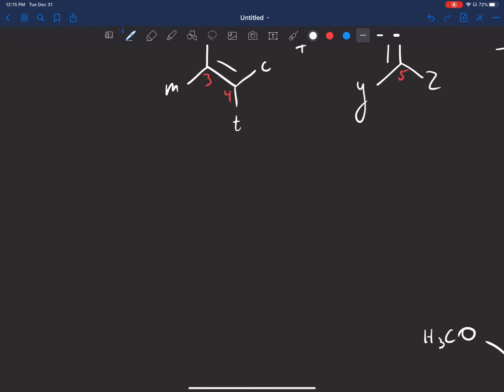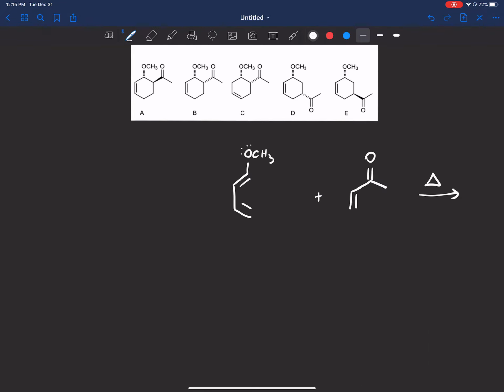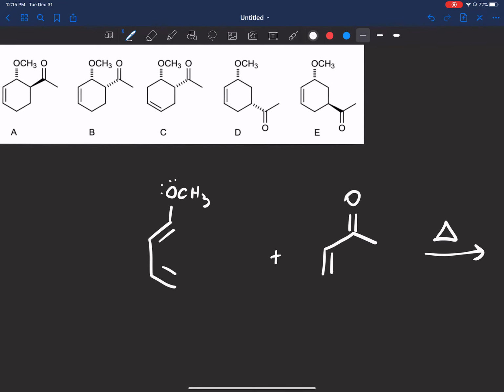Now you don't have to always keep referencing this diagram. I just find a lot of people think that it's helpful, right? But we call it trans because if you cut this double bond down the middle, as if you were trying to determine E and Z, you can see that the highest priority group on this side of the double bond is pointing upward.